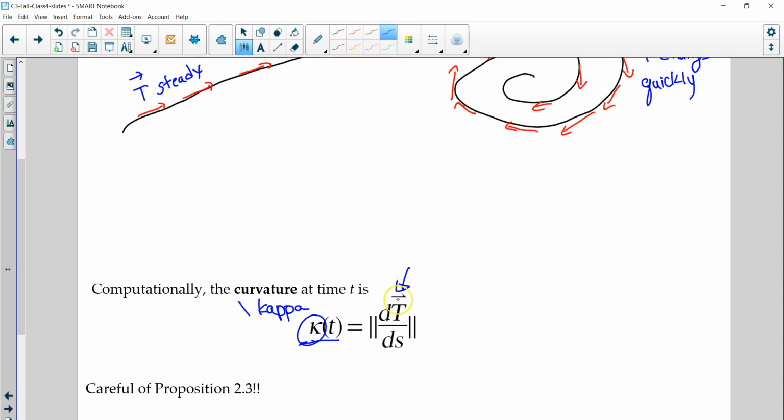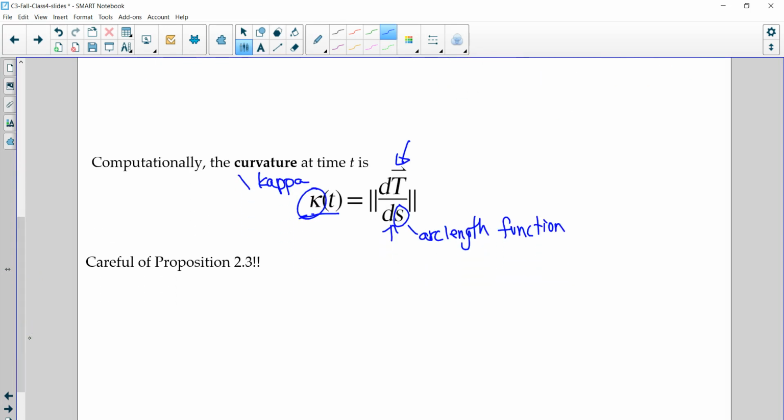This dT vector is just the derivative of our tangent vector, but if we look carefully, that ds is per length unit of the arc length function, so s is the arc length function. Conceptually, this makes quite a lot of sense. This is measuring how quickly the unit tangent vector is changing as we progress along the curve.